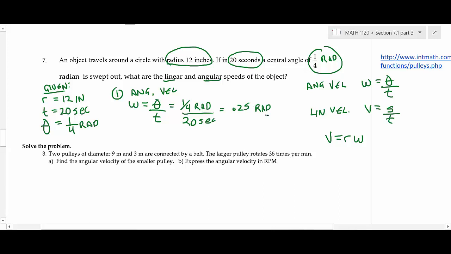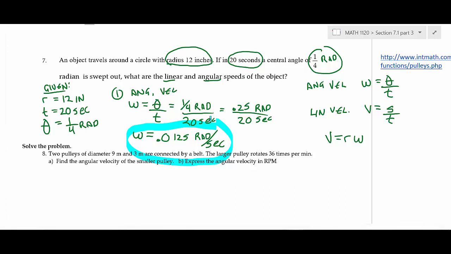And it's okay to just give the answer in radians per second. If you're doing these problems on MyMathLab, they'll usually tell you what they want, how to round and everything. So if I take 0.25 and divide that by 20, I'm going to get omega is 0.0125 radians per second. Okay, so just knowledge of the formula gets that answer very quickly, doesn't it? Okay, does that make sense to everybody?